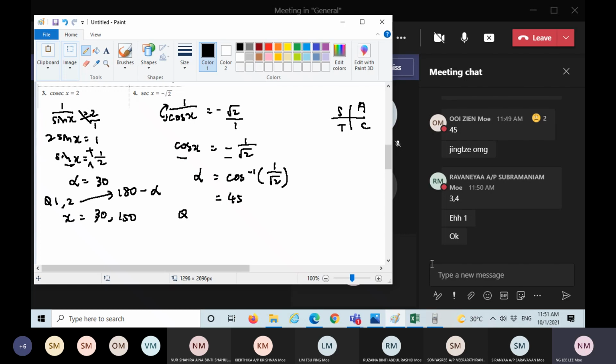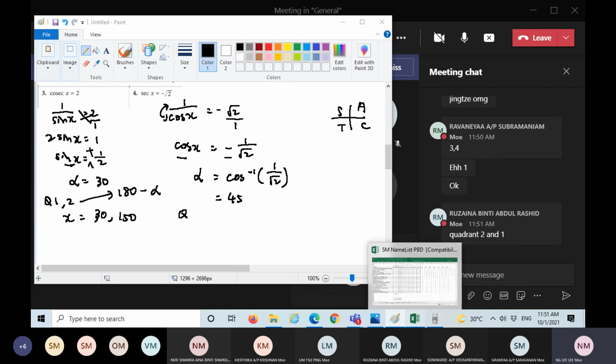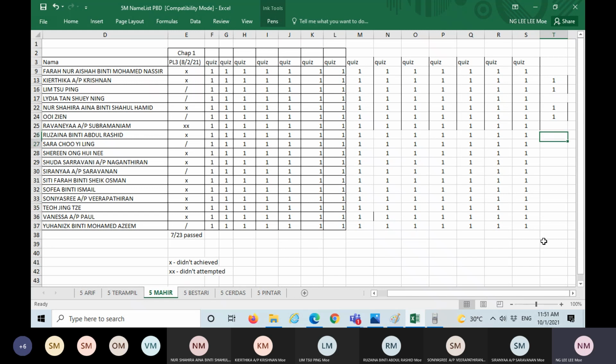Negative can be quadrant 1? Okay, next girl. Rosanna, you try another time.